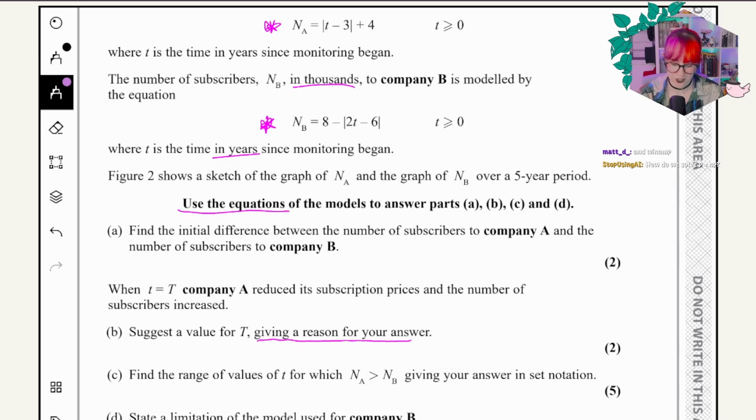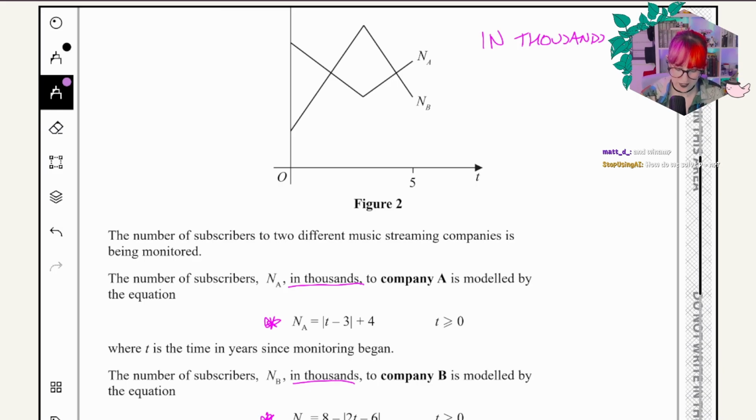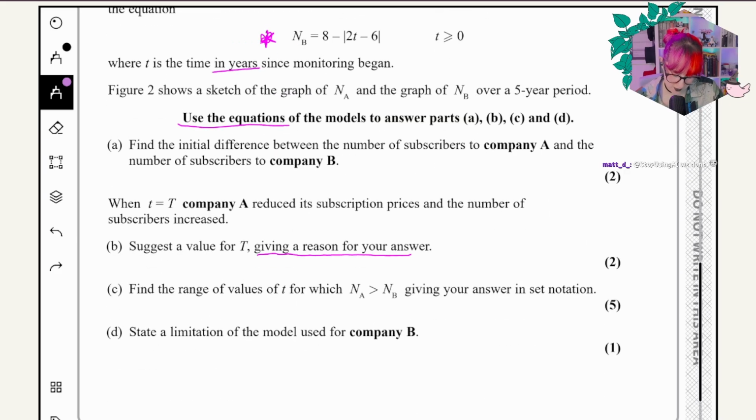What we're not allowed to do is look at the graph and say they saw an increase at a point. We know there's something changing in the figure, but we can't just point to the graph. We have to give something about the equations that tells us what that value is.